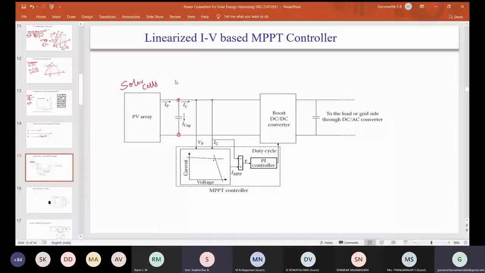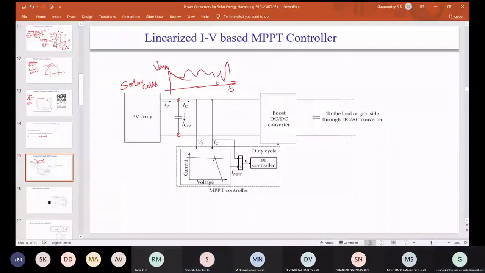It may be varying like this, depending on the intensity. This may be the DC bus voltage with time: from morning till evening, the intensity varies, so the input voltage varies.